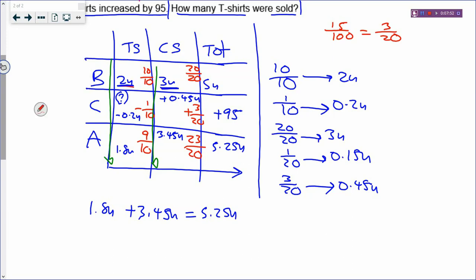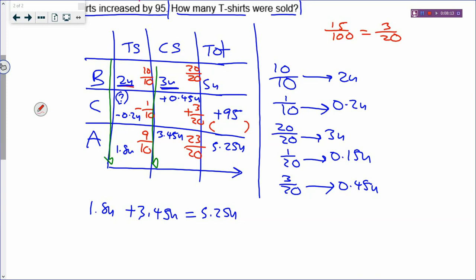All right, what else can you find? Can you see how many units of shirts are increased, what is the increase in the shirts? You look at 95, how many units increase? You look at 5.25 and you minus 5 units.